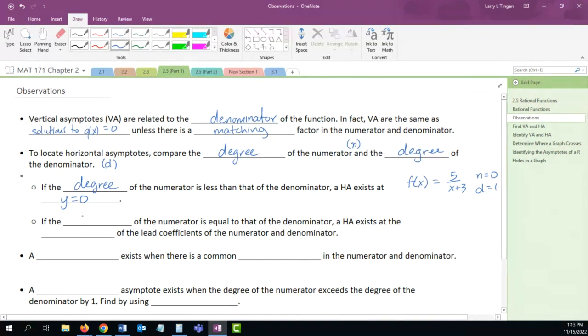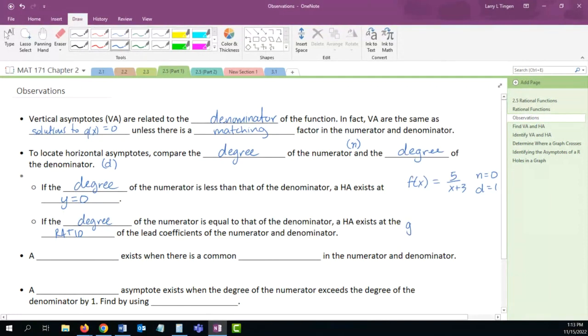All right, next one. If the degree of the numerator is equal to that of the denominator, a horizontal asymptote exists at the ratio of the lead coefficients of the numerator and denominator.